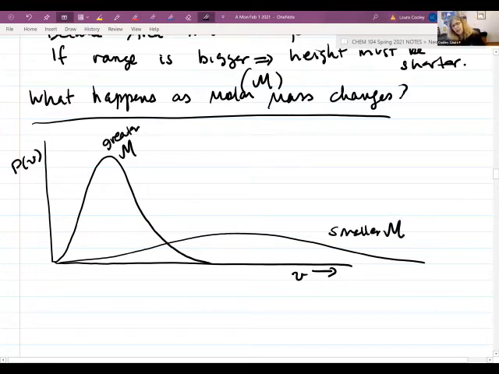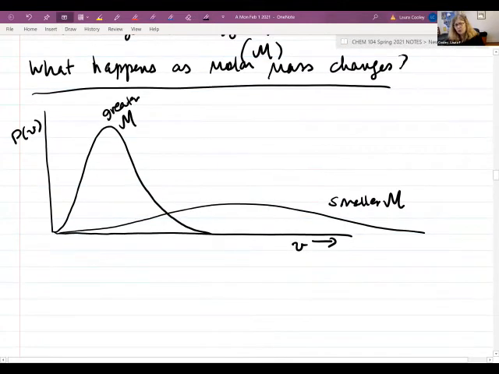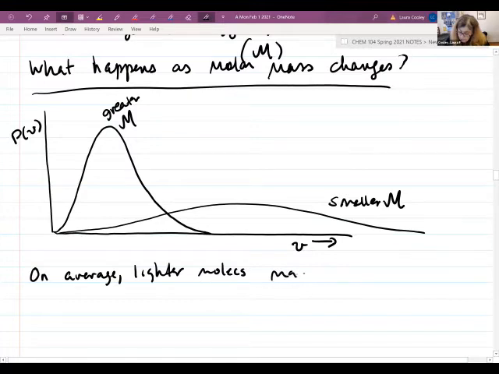So what happens is that the effect of decreasing molar mass is identical to the effect of increasing the temperature. Lighter molecules move faster. And that's really what this is showing here. On average, lighter molecules move more quickly.